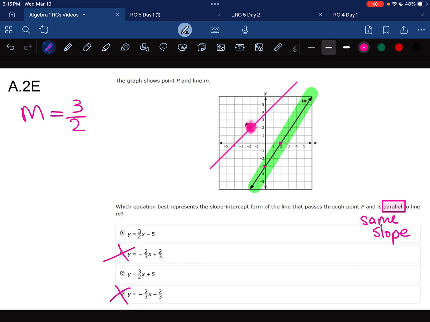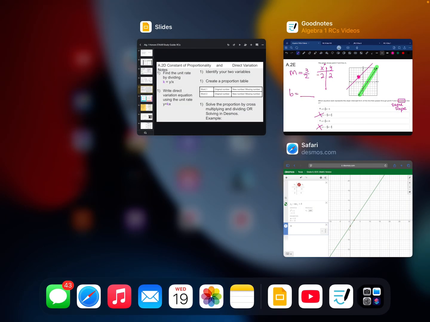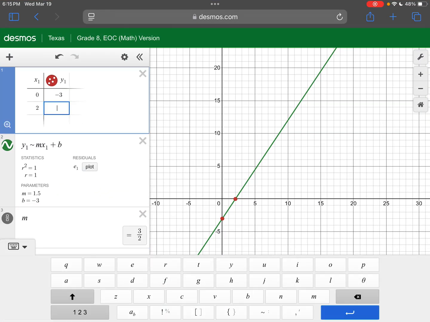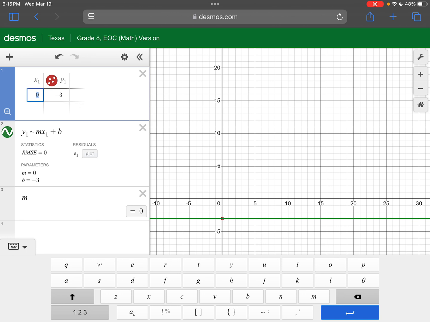So I know that I have a point at negative 2 and 2. That's my P point. And I know the slope, but I do not know my B value. Let's go ahead and find it. I don't know both of my points, but I know one of them.